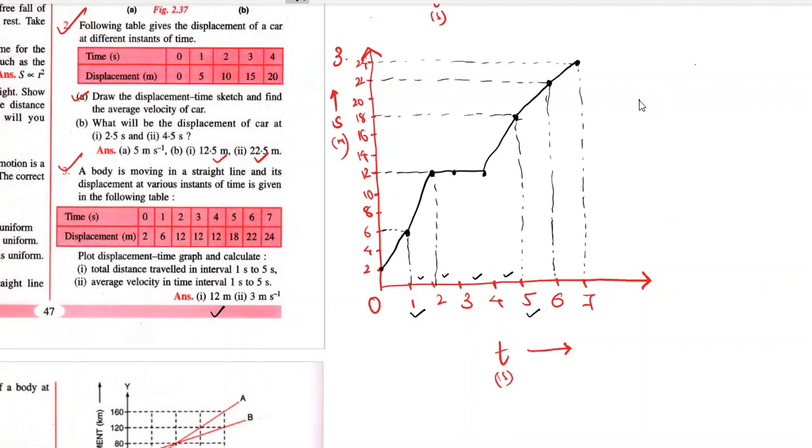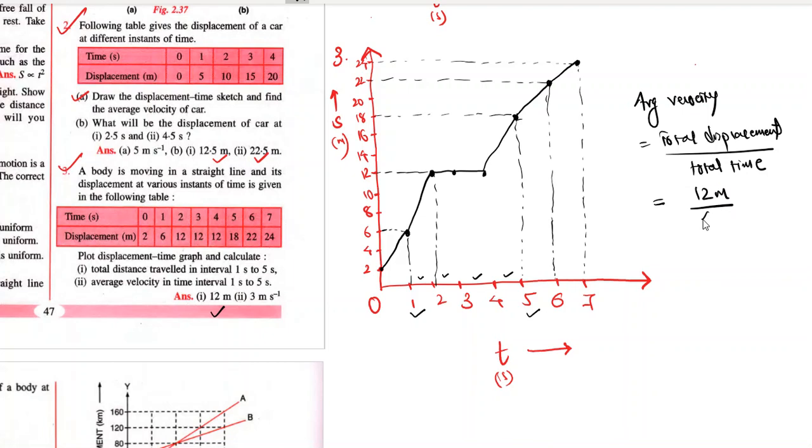So average velocity is equal to total displacement upon total time. Total displacement from 1 to 5 seconds is 12 meter, and total time is 4 seconds. So average velocity will be 3 meters per second. That is the correct answer. I hope you understood the third question.